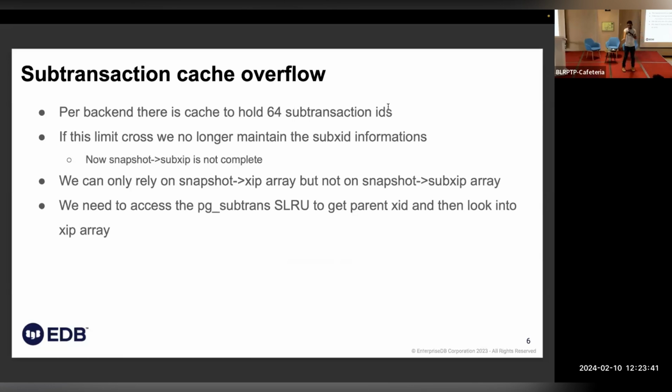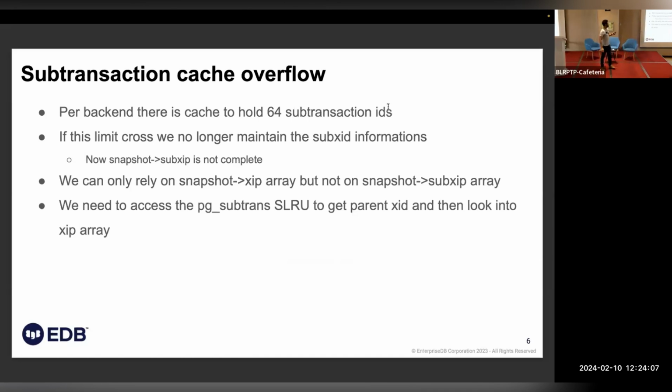So when you read the subtransaction data from such a backend, we will mark our snapshot as incomplete. Incomplete means we will not store the subtransaction data. It doesn't make any sense to store it because we cannot rely on it. Half data doesn't make sense. So now we have XID data that is complete, and we do not maintain the sub XID data because there is no point in relying on it.